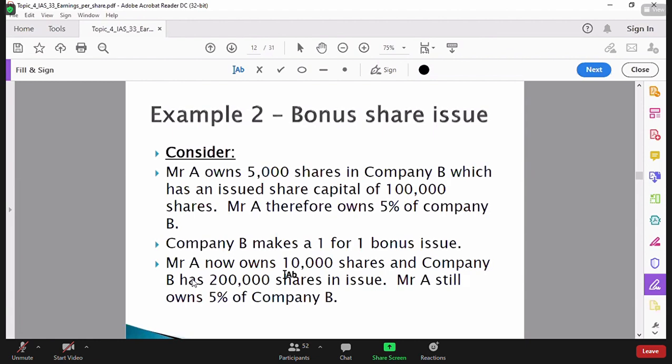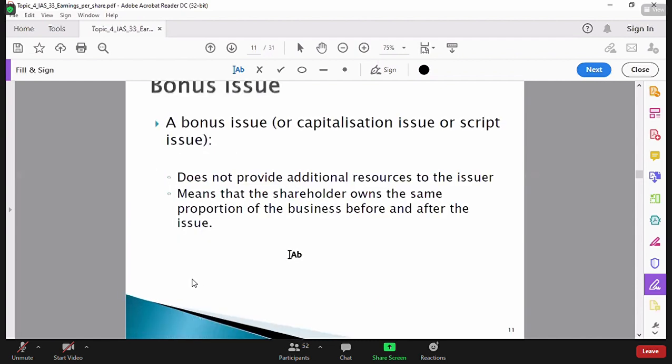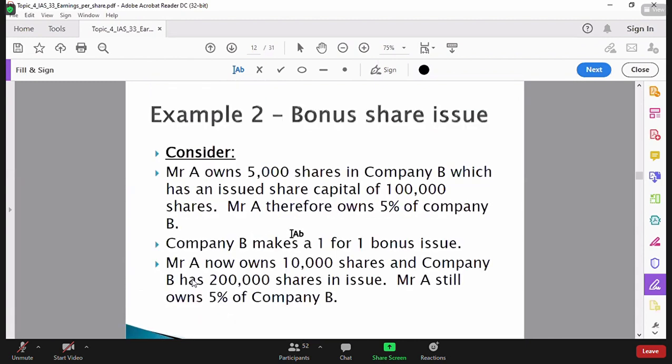Do you understand this one, class? It does not make any difference. So this is what they mean: the proportion of the business before and after the issue is still the same. This is on behalf of the shareholders. The number of shares is only increasing.